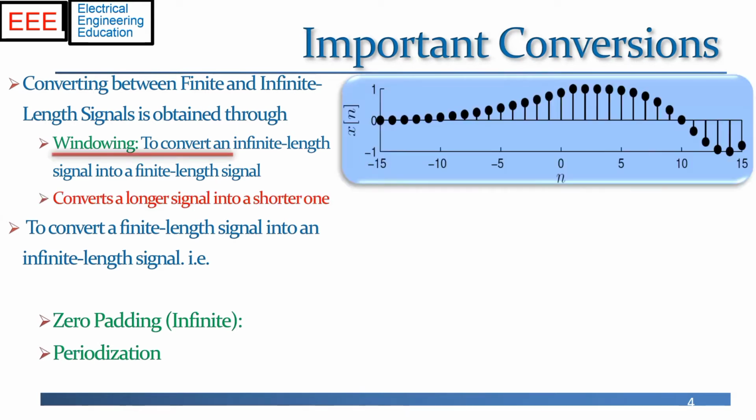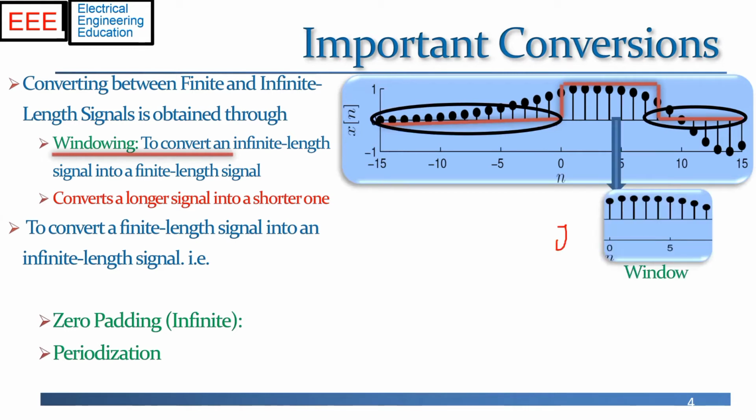Windowing is basically the idea of converting a longer signal into a shorter signal, and it's a very, very simple idea. We place a window on top of our signal, and we select out just a chunk of that particular signal.